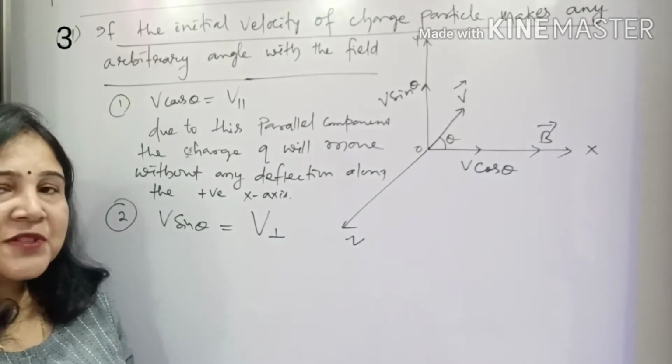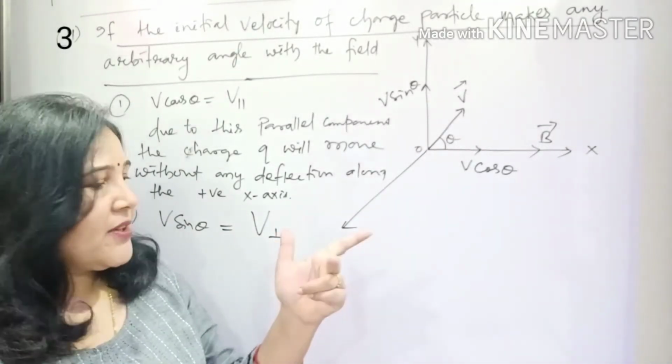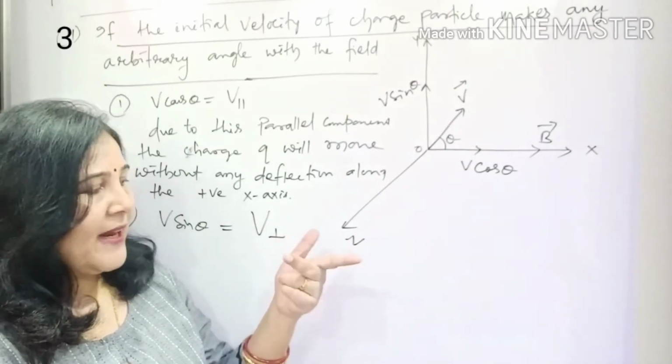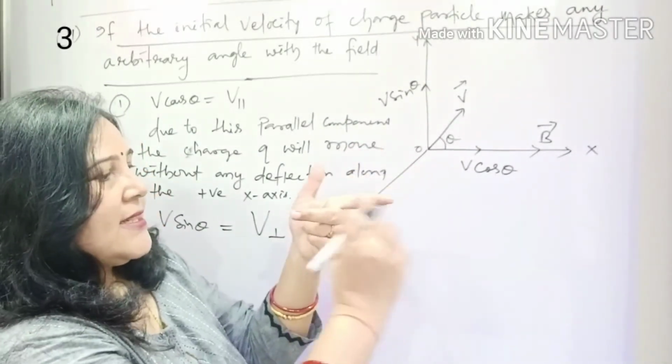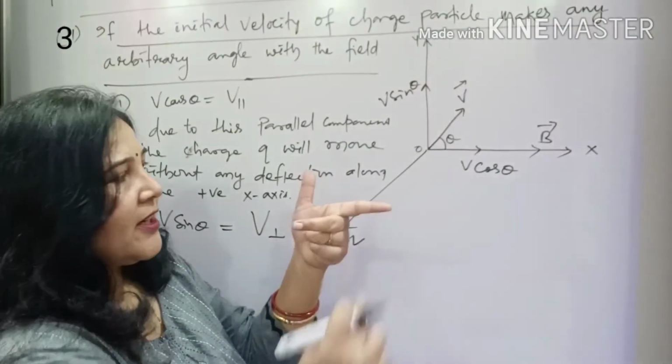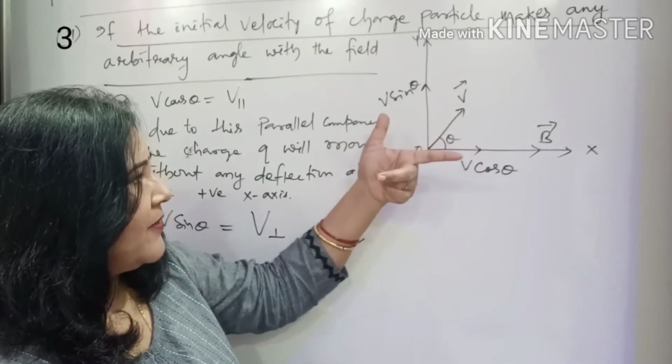What will the force direction be? For that we can use Fleming's left hand rule. The first finger of the left hand points in the direction of the magnetic field.